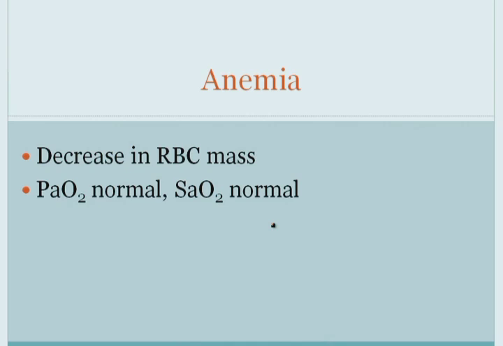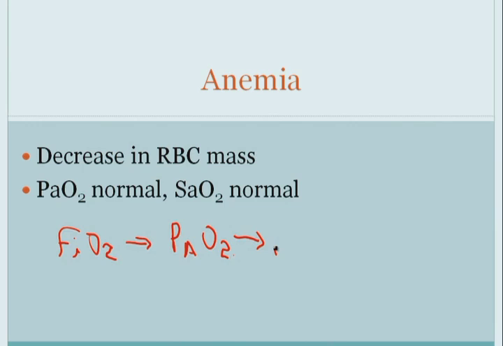i.e. hypoxia. And so one important thing to remember is that if we go back to our paradigm that we had just established, if you have an FiO2, and the FiO2 is generating a PAO2, and that's generating a PaO2, and that's eventually going to generate an SaO2.